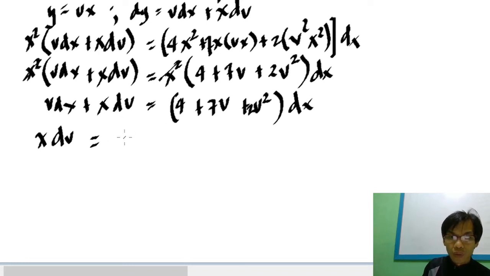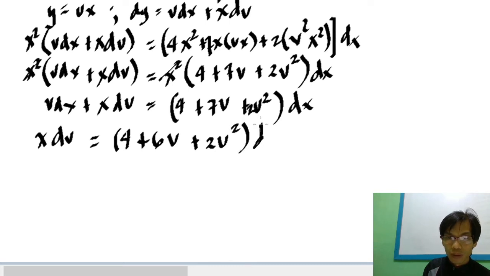So we have 4, and then this one is positive. When we put it on the other side, it will be negative. So that is 7 minus 1 is equal to 6. So 6v plus 2v squared dx.